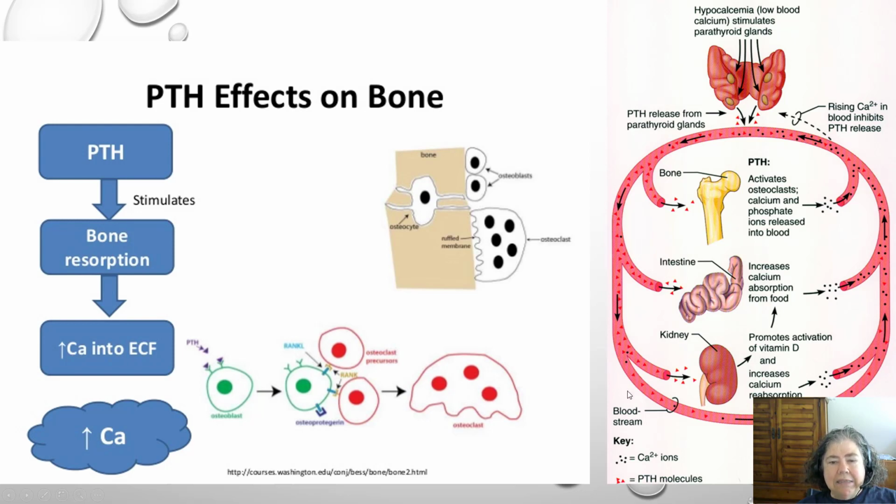And it acts on the kidney, where it does a couple of things. I've mentioned that it increases the reabsorption of calcium, but it also promotes the activation, the production of active vitamin D3. And vitamin D3 is also important in triggering an increase of calcium absorption from food.